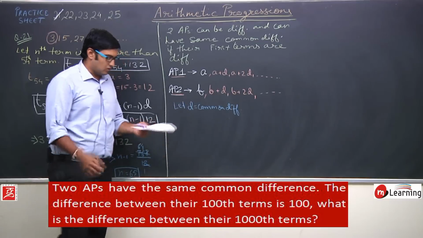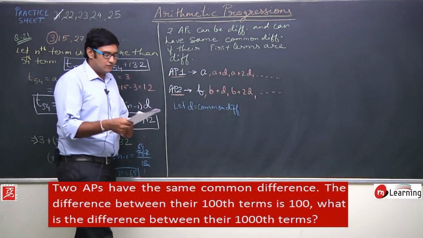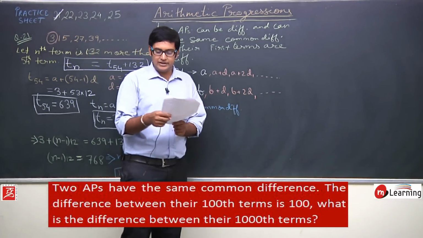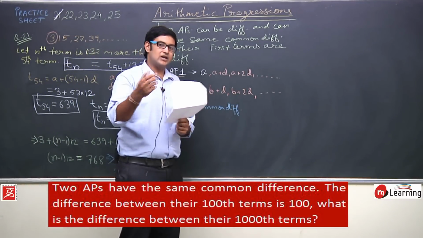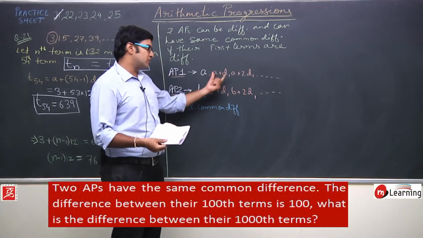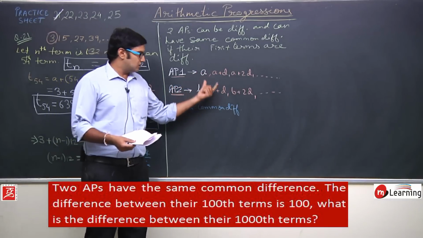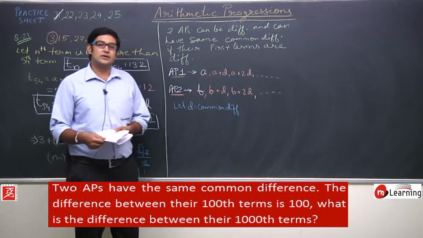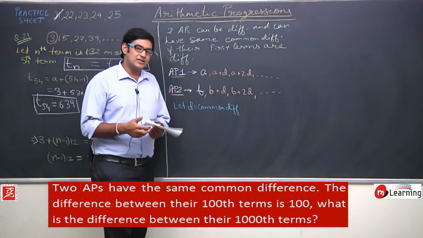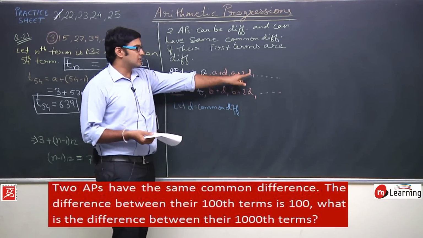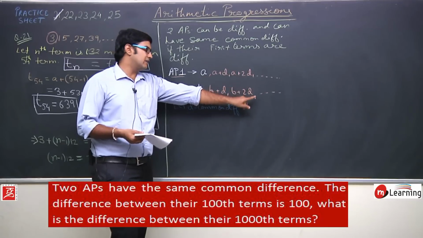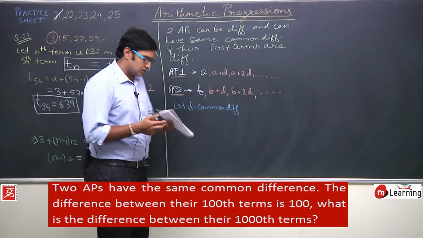Now, it says that for these two APs, the difference between their 100th terms is 100. That is, if I take the difference between the 100th terms of these two APs, the difference is equal to 100. For that, first let us write the 100th term of this AP as well as of this AP.